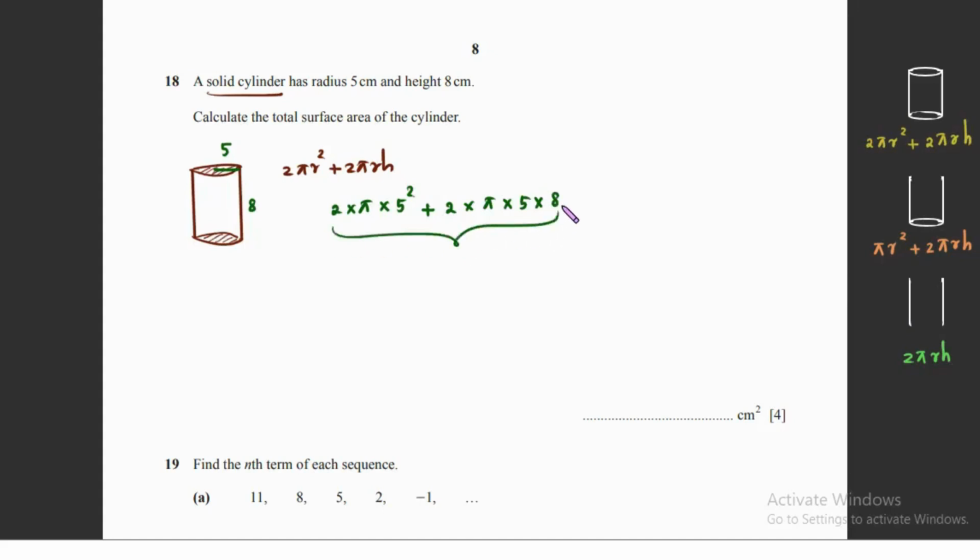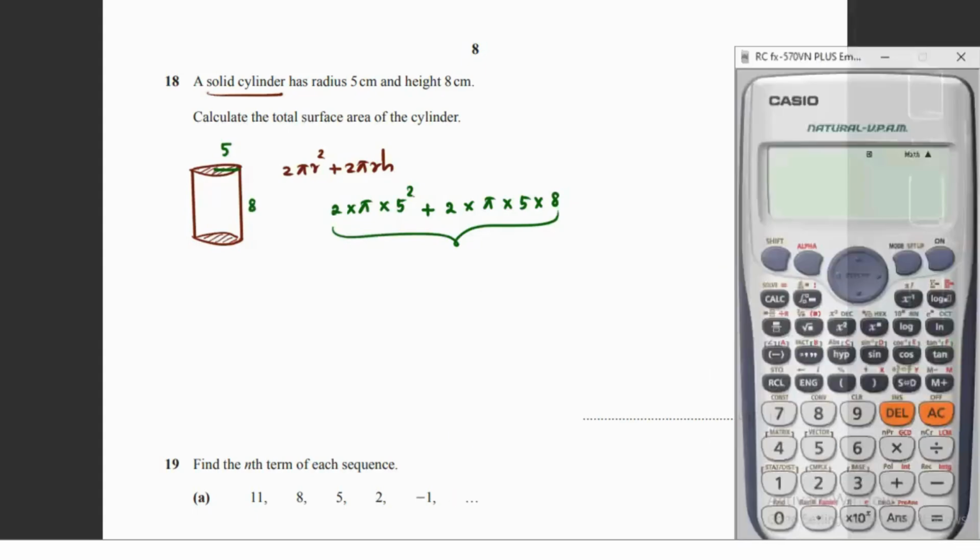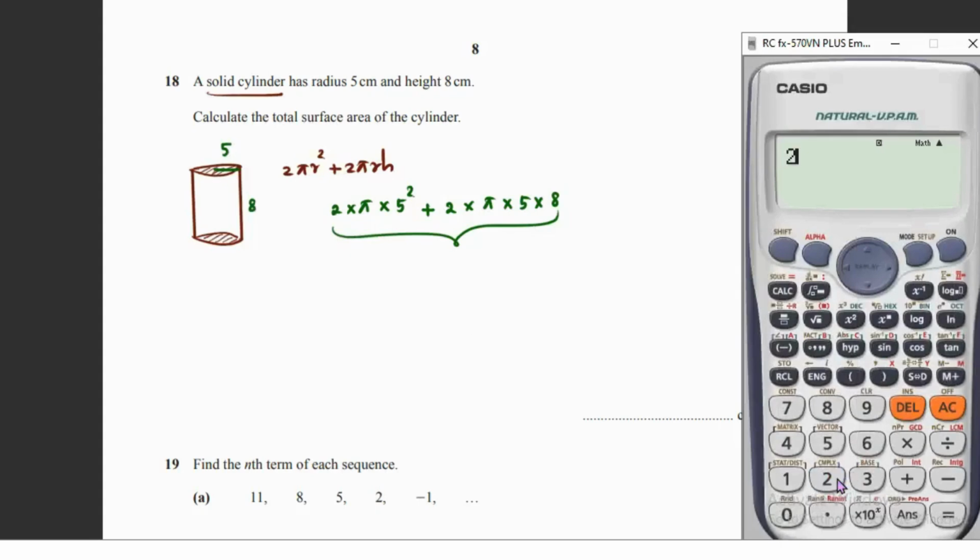If I put this directly in the calculator, it will give us the answer. So let me show that in the calculator. I'm going to put 2 times pi times 5 squared plus 2 times pi times 5 times 8.